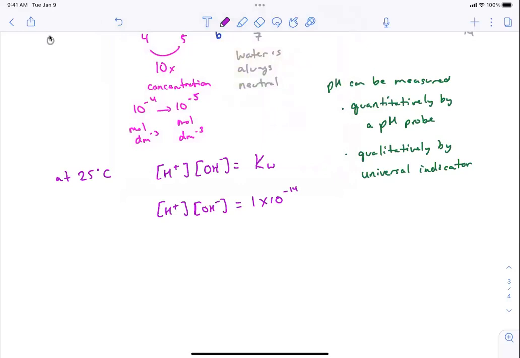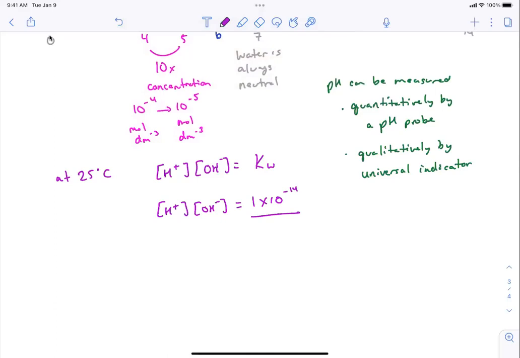So if you're in a water solution, if you increase the H plus concentration, you have to decrease the OH minus concentration. Both of them can't go up at the same time. They have to be inversely related to each other. They always have to equal this. Yes, Marina. Kw is how much pure water dissociates into H plus and OH minus on its own. You're welcome.